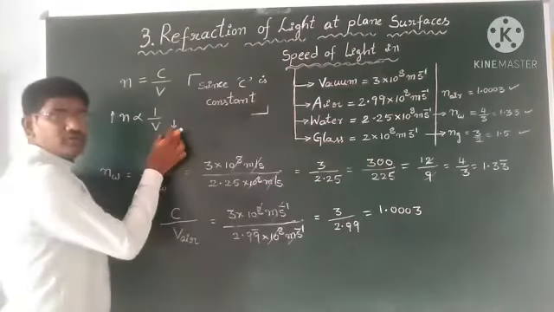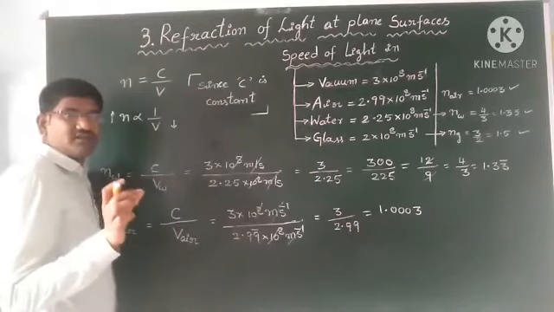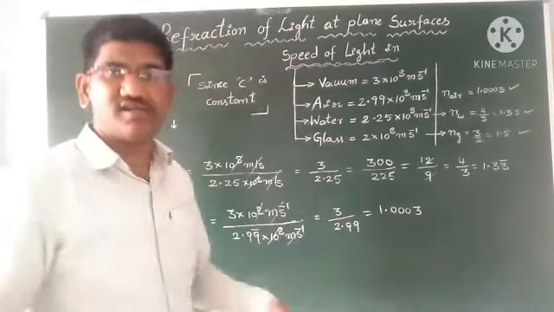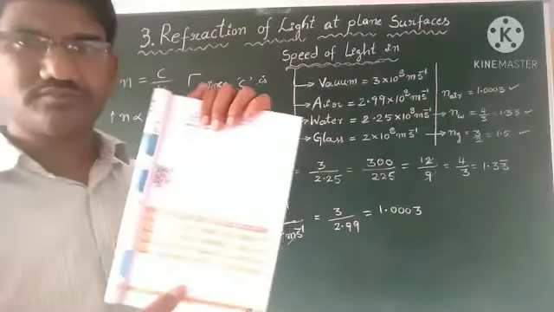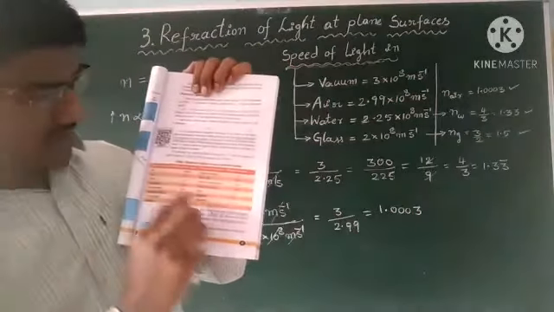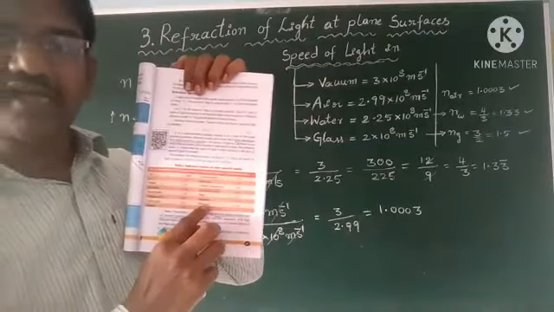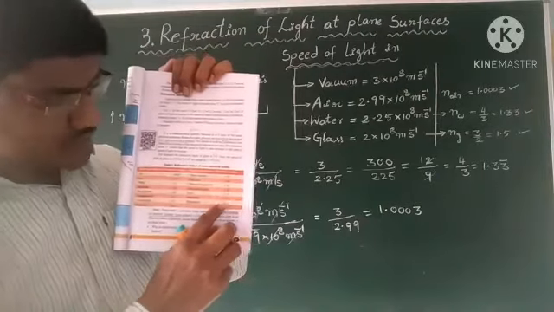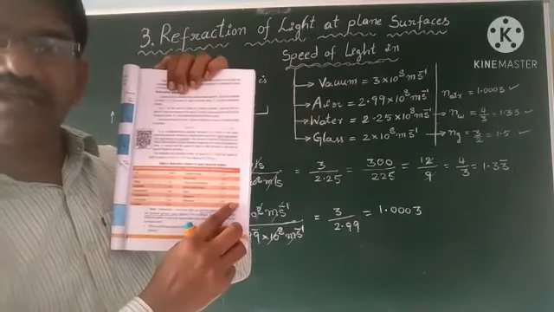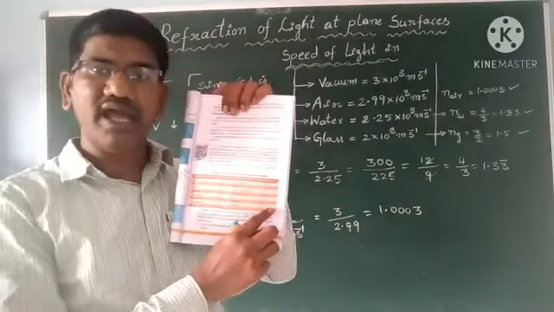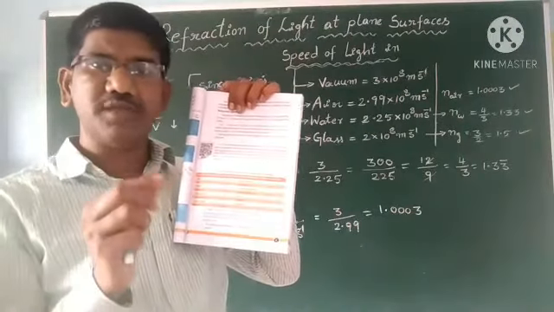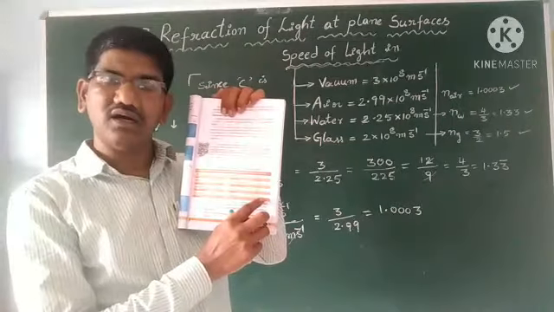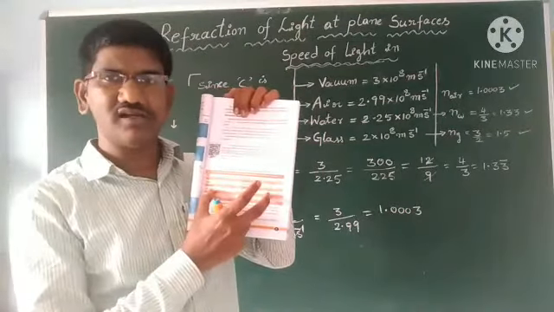We have a refractive index table in the textbook. Here you see, my dear students, diamond has the highest refractive index, 2.42. So diamond having a high refractive index means the speed of light in diamond is less compared to all other mediums given in the table.